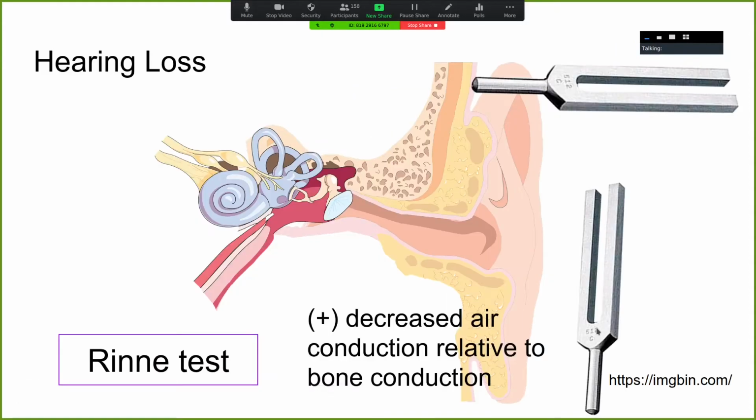You confirm this with the Cranial test, because by the time the sound disappeared, the tuning fork placed here on the bone is no longer heard here at the ear canal, meaning bone conduction is greater than air conduction, when usually air conduction should be longer than bone conduction. In this case, with the findings on the Weber test, this is a conductive type of hearing loss.